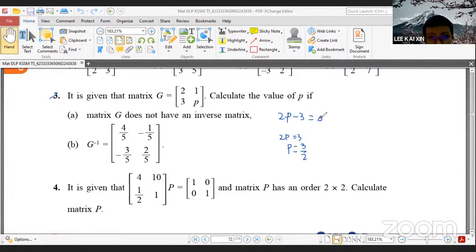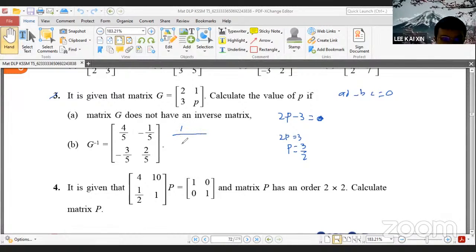Okay, this is 0. AD minus BC, you get 0 for no inverse matrix. If G negative 1 is this, as I said, there are two methods. If you use the one that times you get the identity matrix also can, or you use that method also can.